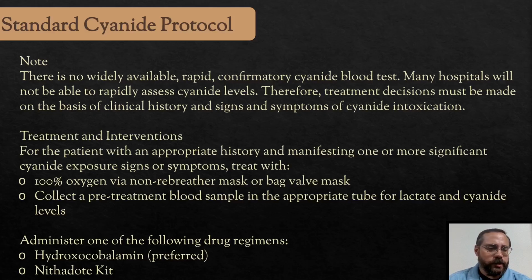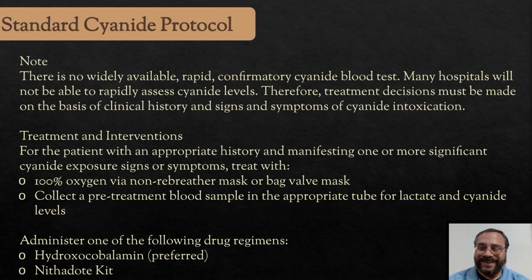Treatment interventions. For the patients with an appropriate history and manifesting one or more significant cyanide exposure signs and symptoms, treat with 100% oxygen via non-rebreather mask or bag valve mask. Collect pre-treatment blood samples in the appropriate tubes for lactate and cyanide levels. Again, this assumes that your service is allowed to do that.